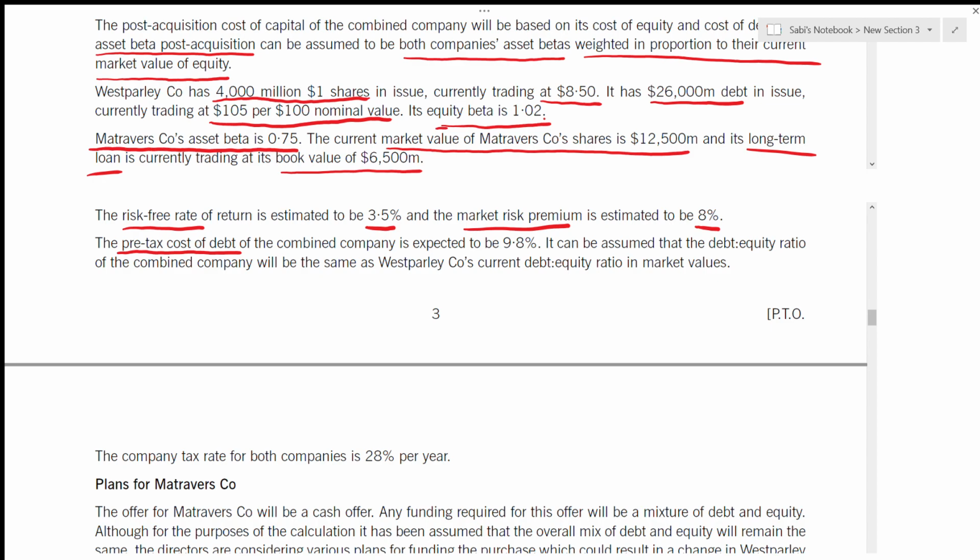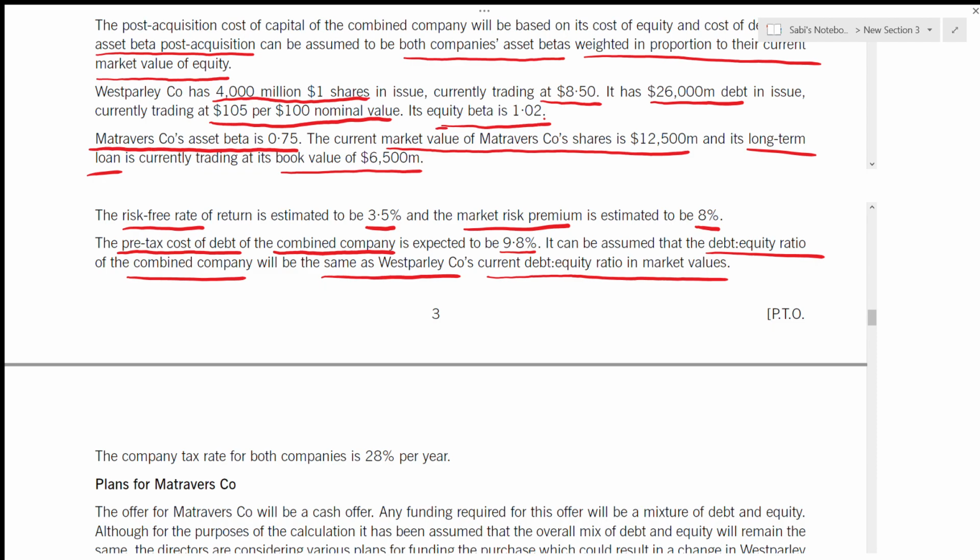Okay, so the pre-tax cost of debt of the combined company. Which company? The combined company, not the individual company, is expected to be 9.8%. It can be assumed that the debt equity ratio of the combined company will be the same as the Westpale company's current debt to equity ratio in market values. This is very important because you don't know the debt ratio of the combined company.